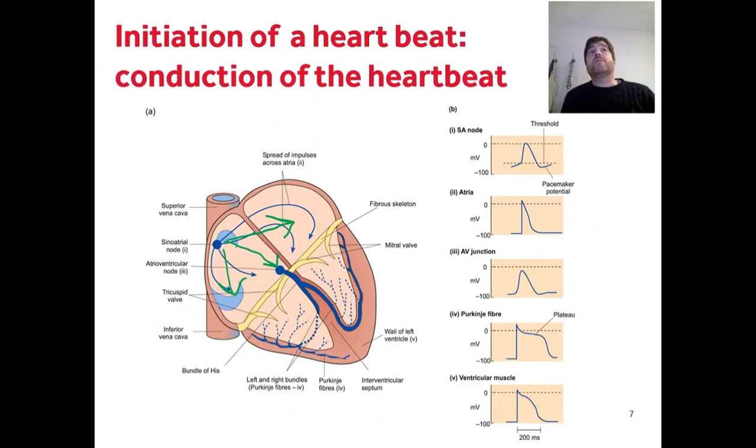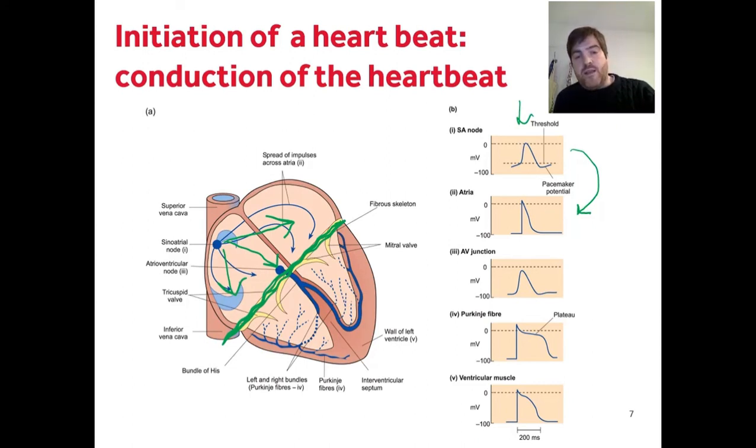So what happens is the electrical signals generated in the sinoatrial node cause action potentials, so this is the action potentials there, go on to cause action potentials in the atria, and they spread across. Now, as I said in lecture 1, there is this fibrous skeleton of connective tissue which insulates the atria from the ventricles.